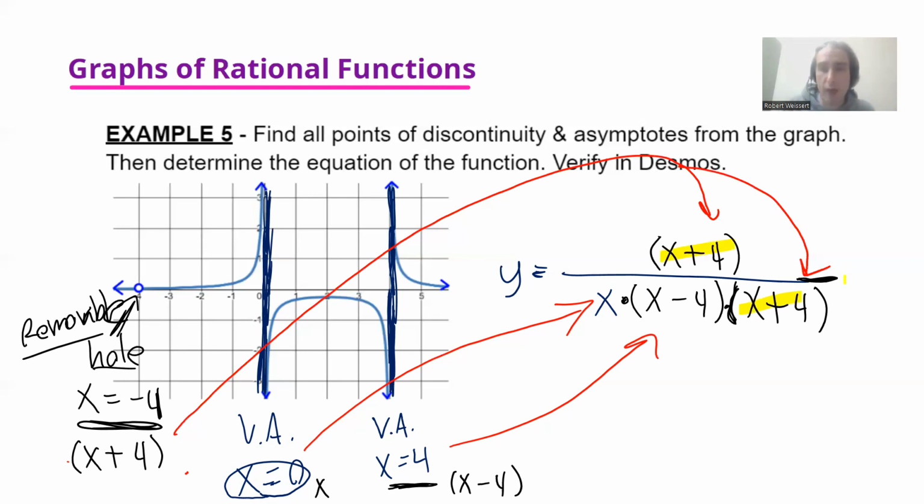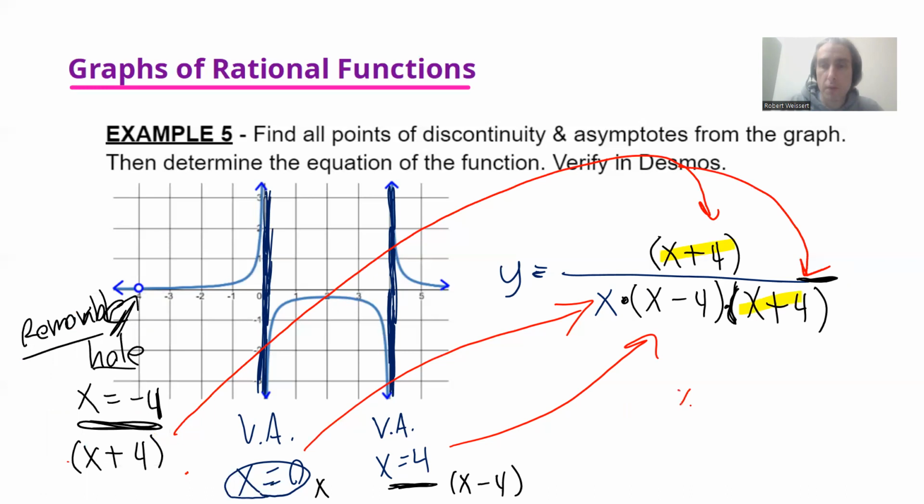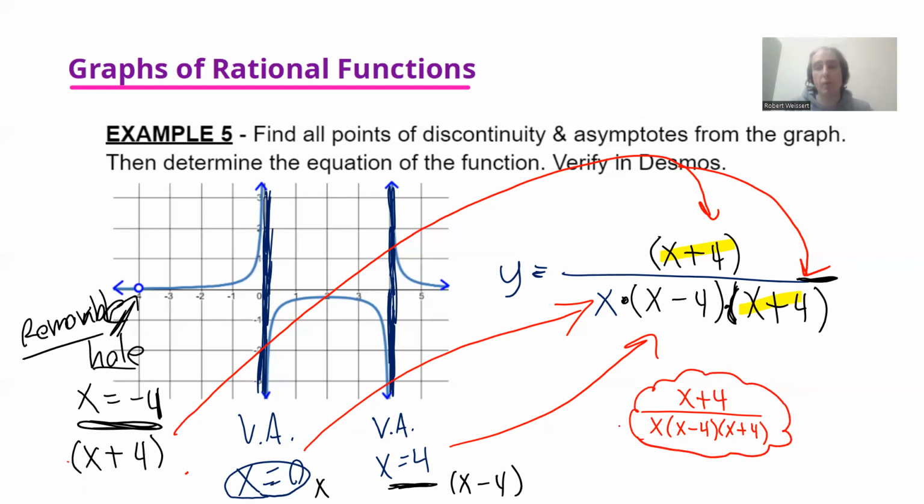So let's go ahead and graph that. Your function should look like this. I'm going to clean it up without having all the stuff on it. It's just x plus 4 over x minus 4, x plus 4. Okay, that is what your graph function is. Y equals that information. Let's graph it.